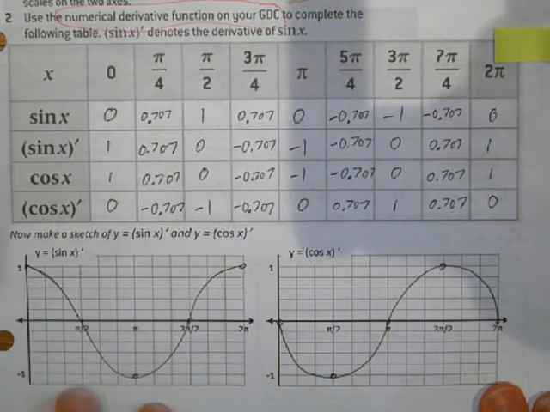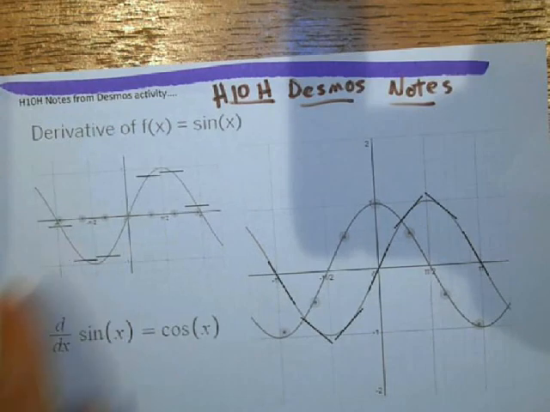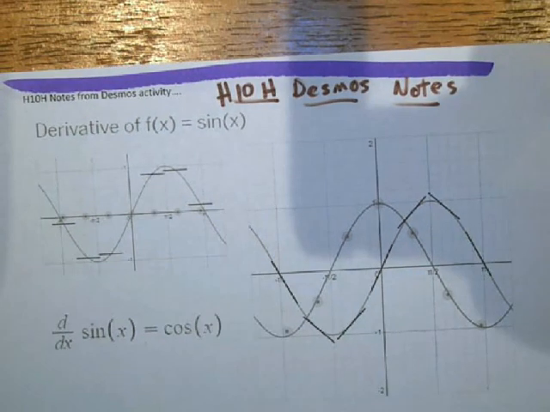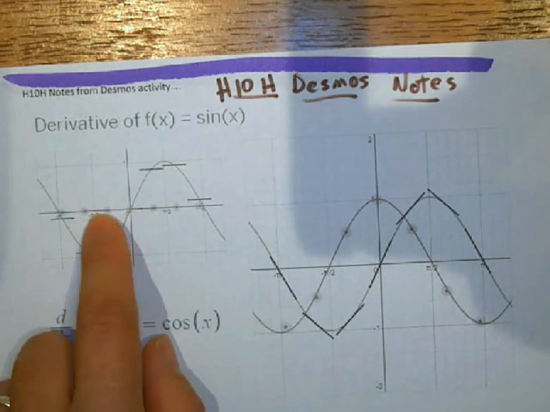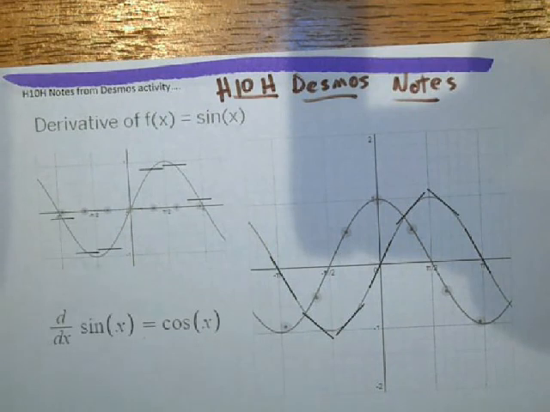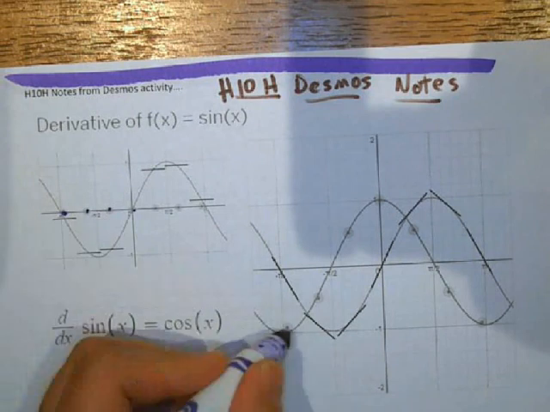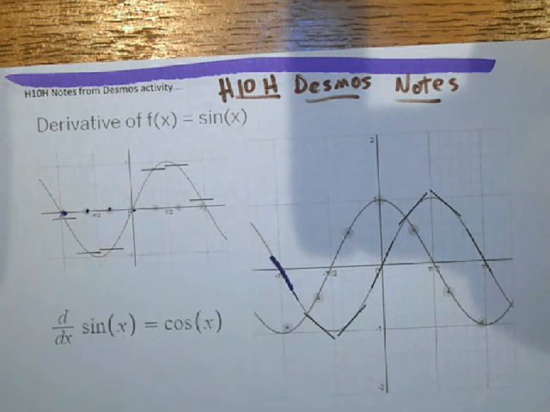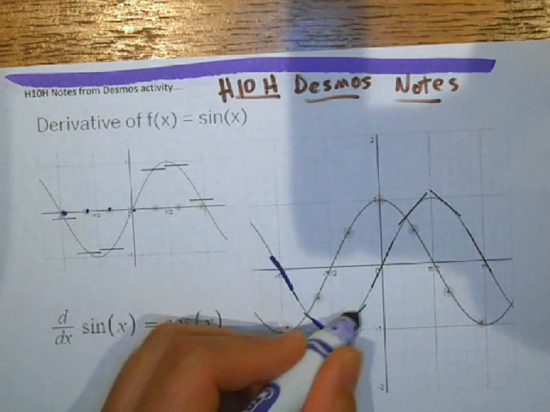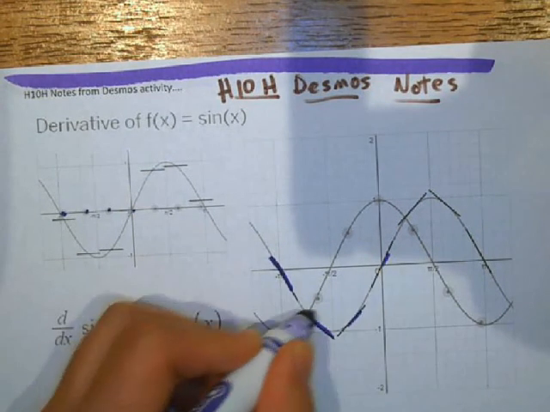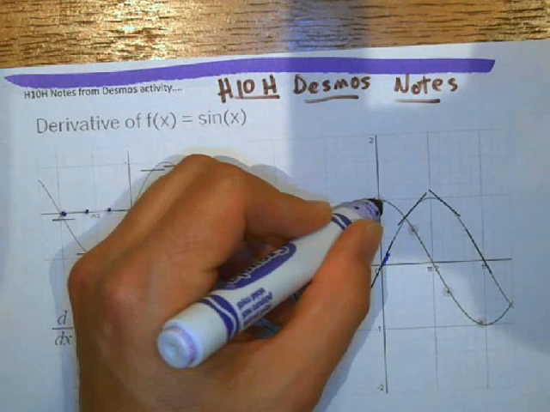Before I just talk about this, I want to talk about our Desmos activity that we just did a minute ago. We had this screen here, and what we did was we adjusted these little dots here. When I adjusted these little dots in order to get the slope to match, the dots had to go into these locations.